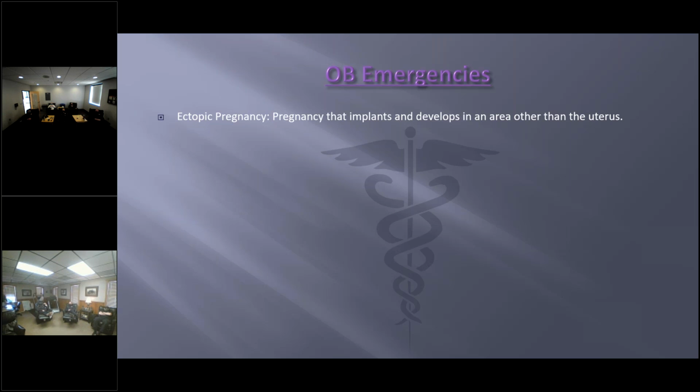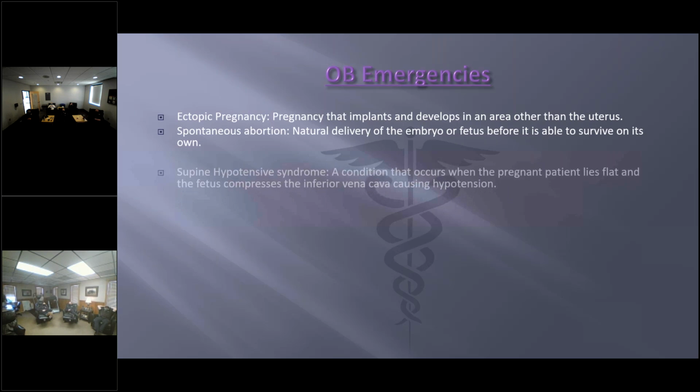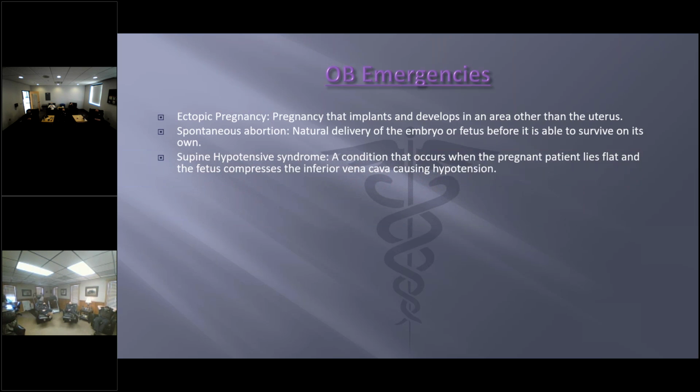That's going to be marked by significant abdominal pain, bleeding, and then that individual, as far as your SAMPLE history, is going to be off on their menstrual cycle. Spontaneous abortion, if that female actually rejects that developing fetus, can be marked by bleeding, abdominal pain, and also remember your emotional and supportive care for somebody like that.